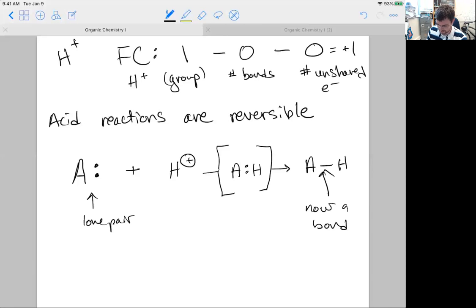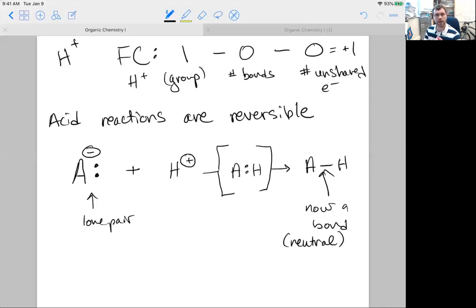So we have a lone pair, it engages H plus, become a bond. What we like to do in this case is to just make the charges a little bit easier. We're going to say that A originally was an anion. Maybe it was a polyatomic anion, maybe it was just a single element anion. We'll look at an example here in a second. But A minus will engage H plus to make now a neutral molecule.